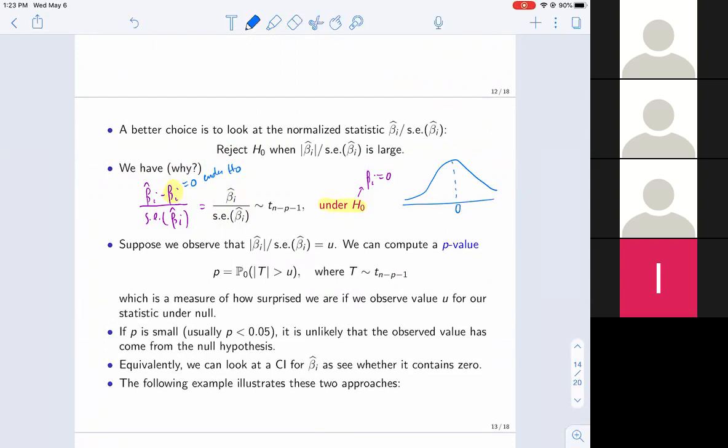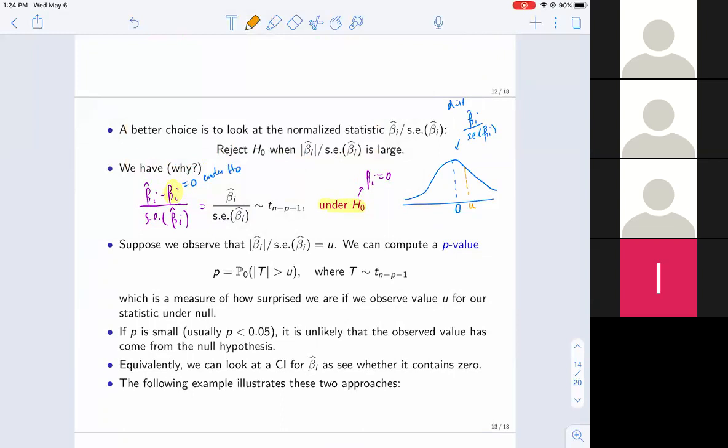So this is the distribution of beta hat I divided by the standard error of beta hat I. And if I observe a certain value in an experiment, for example, here, then this is more or less likely for this distribution.